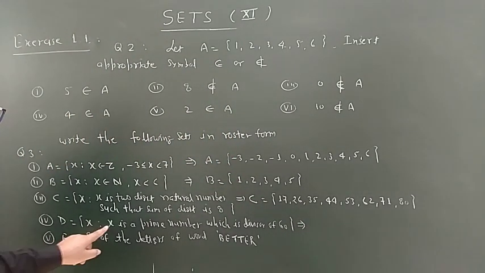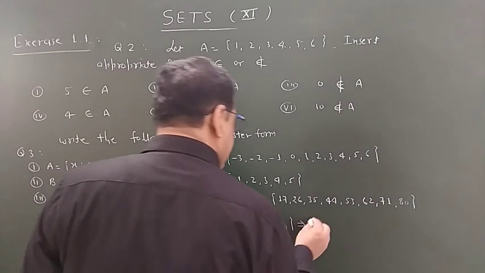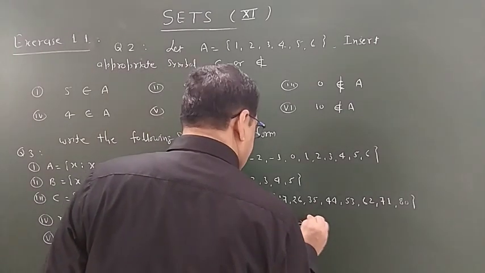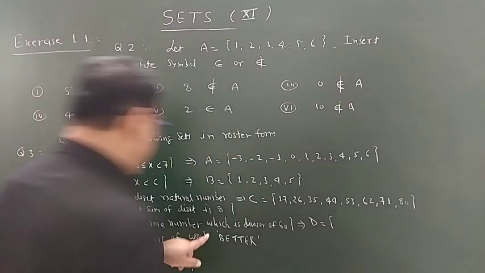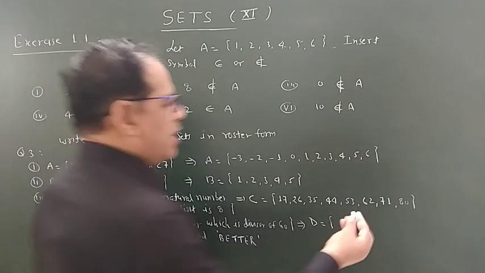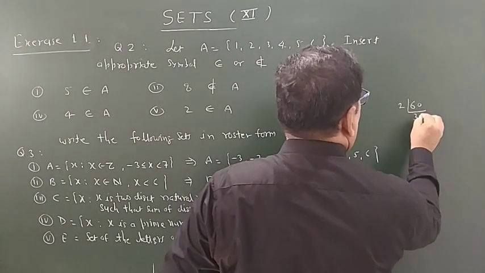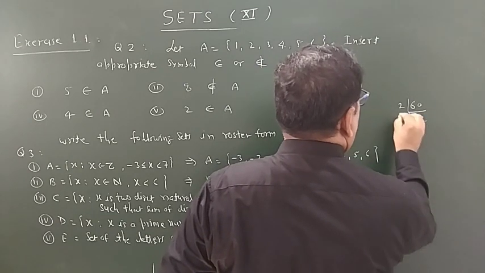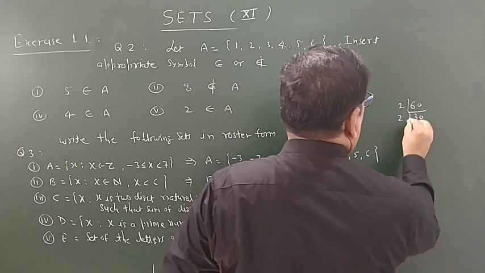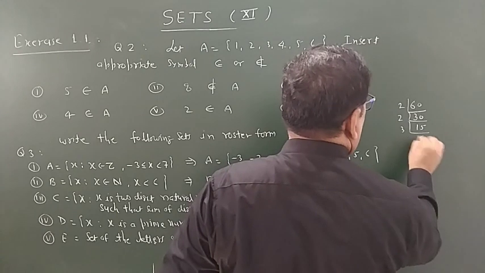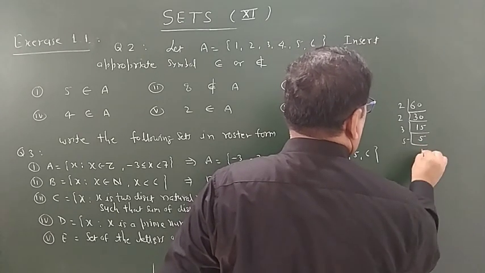Now next, D equals x, where x is a prime number which is a divisor of 60. So we start with 60. 60 is 2 times 30, 30 is 2 times 15, 15 is 3 times 5, and 5 is 5 times 1.